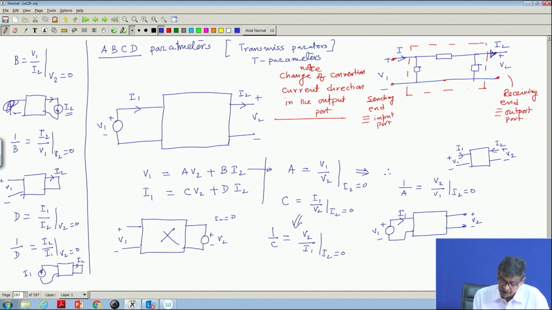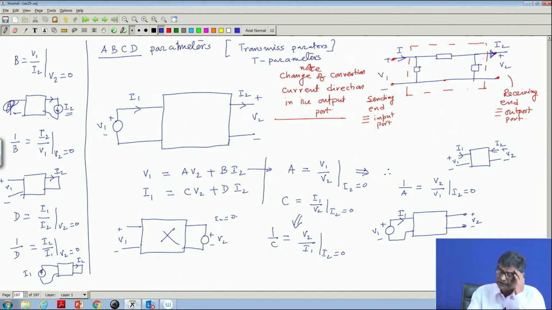The ratio of I 2 by I 1 is going to give you the reciprocal of D, hence D can be found out. Got the point? And also note that D will be dimensionless, just looking at the ratios. B will be that of impedance, V 1 by I 2 and so on.